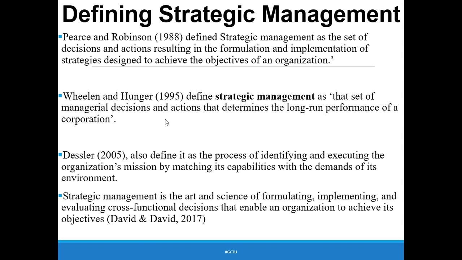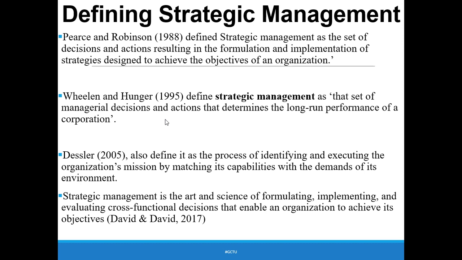Now, from David and David, which is the text that we'll be using this semester, they also explain strategic management as an art and science of formulating, implementing, and evaluating cross-functional decisions that enable an organization to achieve its objectives.